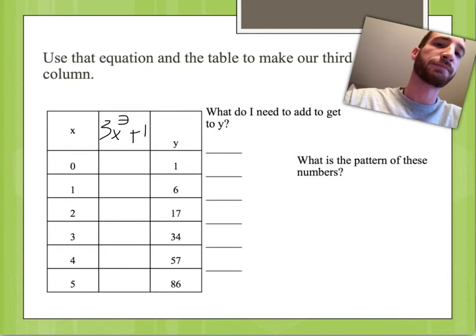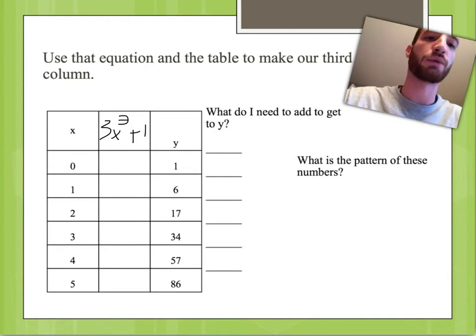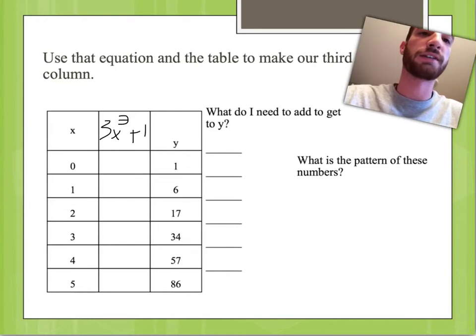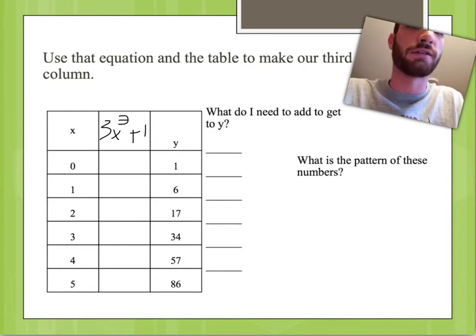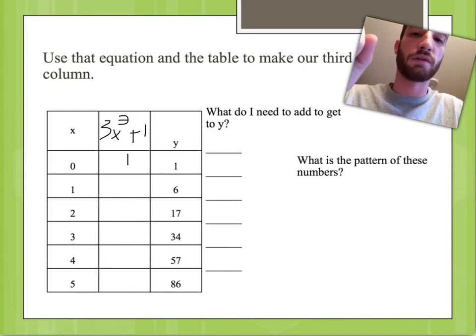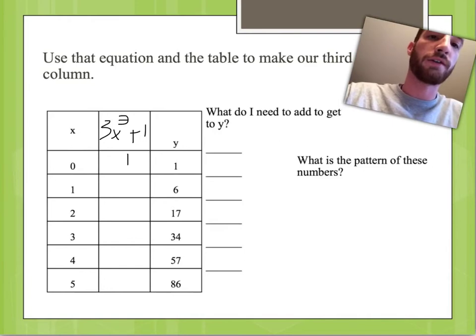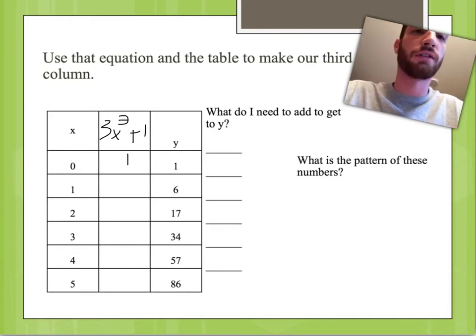Let's take x, plug it into this expression, and see what we get, and then we're going to compare it to y. So if I take 0 and replace x with it, 0 squared is 0, 0 times 3 is 0, 0 plus 1 is 1. If I take 1, 1 squared is 1, 3 times 1 is 3, 3 plus 1 is 4.